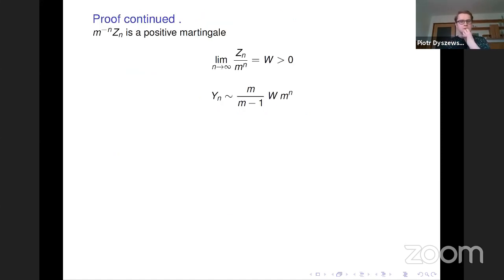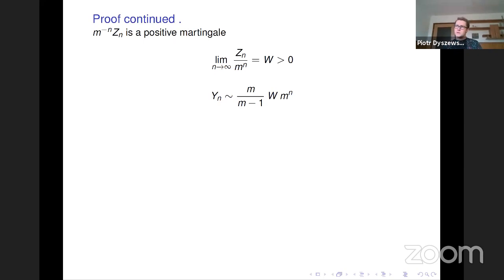All right. So now the random shift comes into play, because we know that this Y_n behaves pretty nicely. That is, after scaling by m to the n, you get a martingale, and since this guy is non-negative, it will have an almost sure limit.